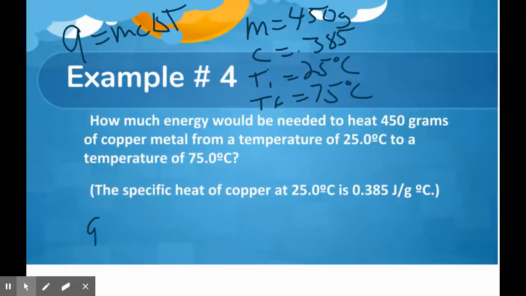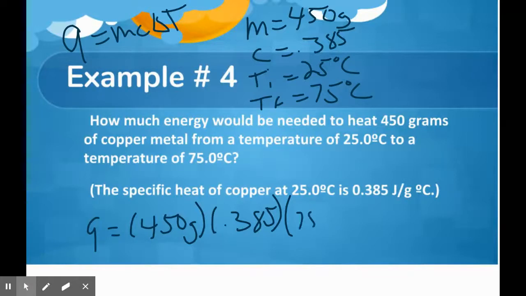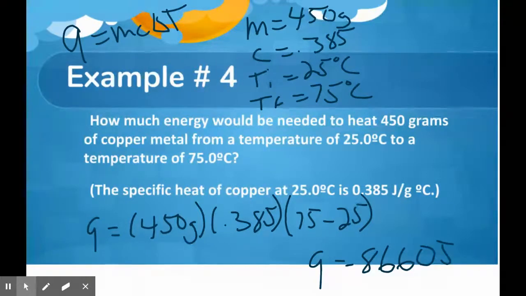So we're going to plug everything in and solve for Q. So when you solve for Q, you get 8,660 joules. Remember, round to 3 sig figs.